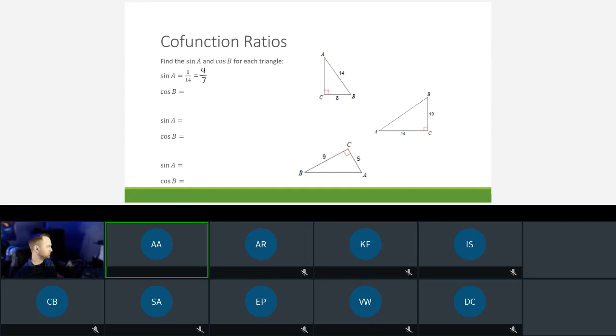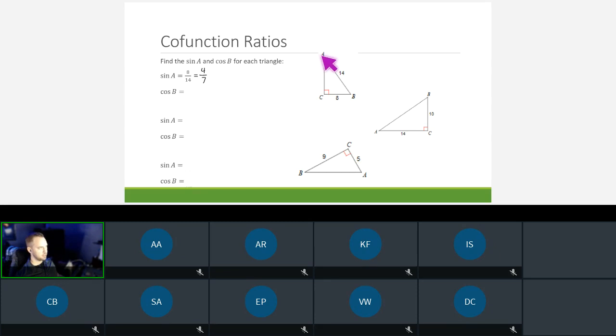Danica, let me try to explain that really quick. So the adjacent of C here would be this right here. And then the opposite of C would be this. That makes sense? Yeah, so this is saying the sine of angle A. So remember, in math, capital letters, lowercase letters, they're different things.